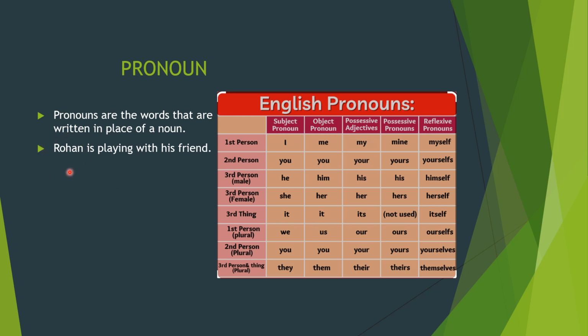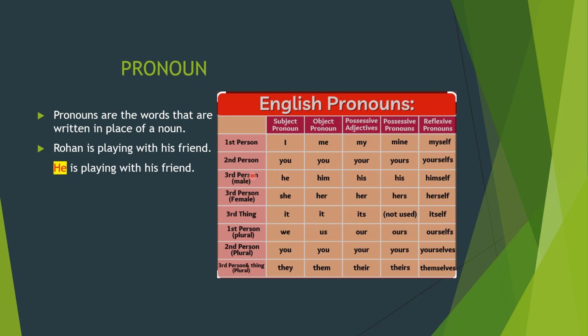In this example, Rohan is a noun, and it is a proper noun because it is the name of a person, and it also begins with a capital letter, though all sentences begin with a capital letter. Let's see what I can use instead of Rohan. Rohan is a boy, so for a boy I will use he as a third person, and this is a pronoun.